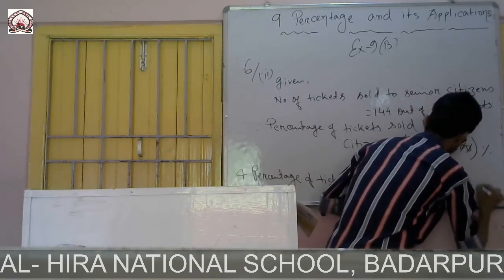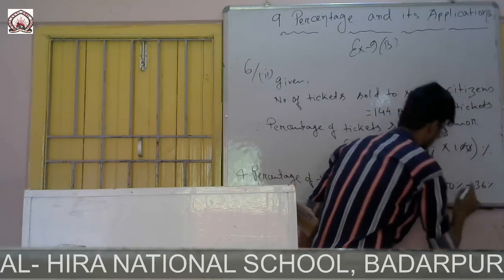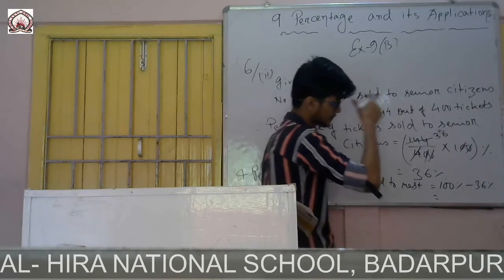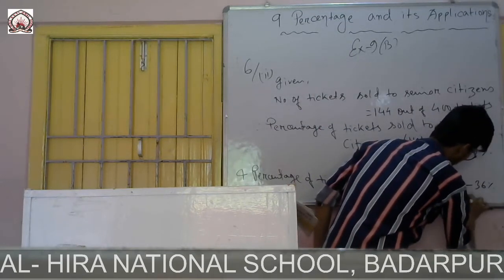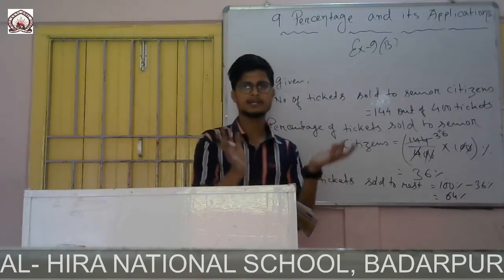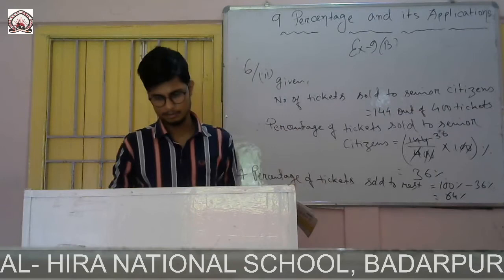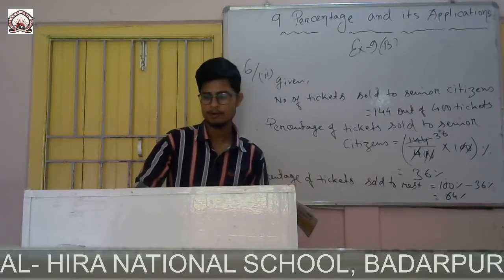So from 100% I will subtract 36%. So how much is left? It is 64%. Simple. The total percentage you always take as 100. So 100 minus 36 is 64%.